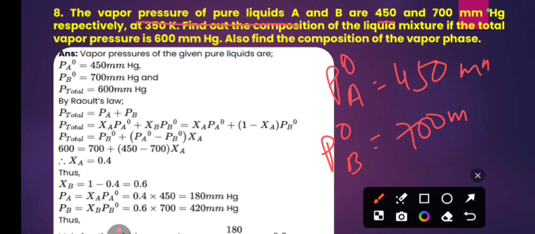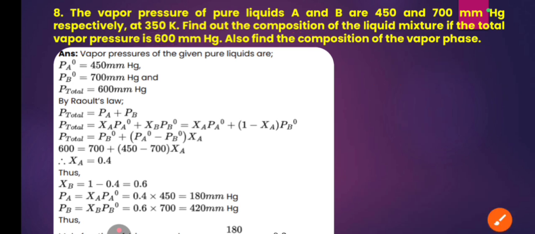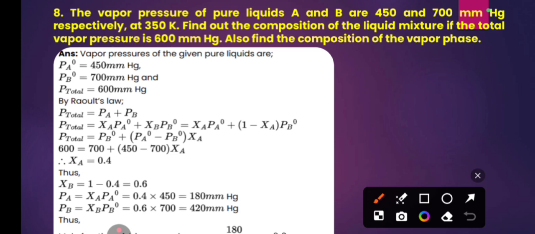Okay, at 350 Kelvin, there is no need of this 350 Kelvin because we are not using temperature in the formula. Find out the composition of the liquid mixture if the total vapor pressure is given here. What does it mean? If you have taken the two liquids in a mixture, then both together will exert 600 mmHg vapor pressure. You have to find out the composition.